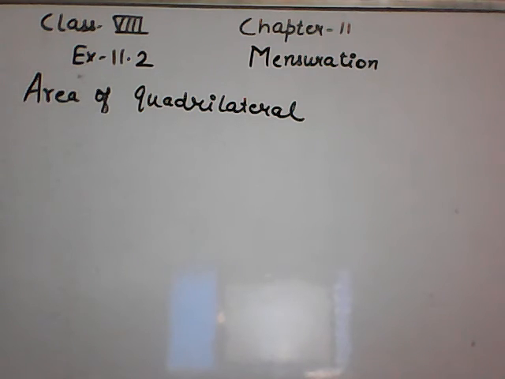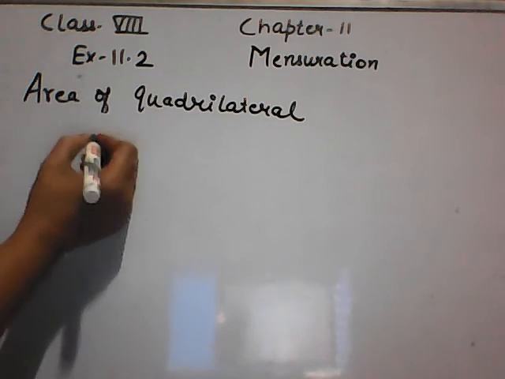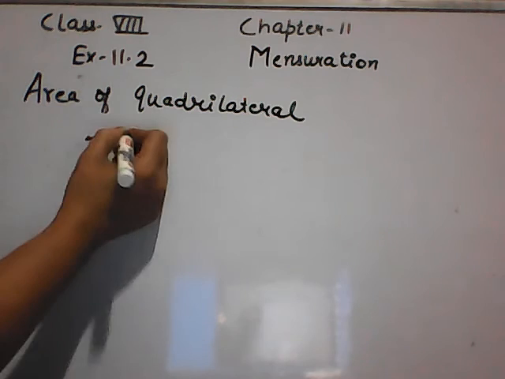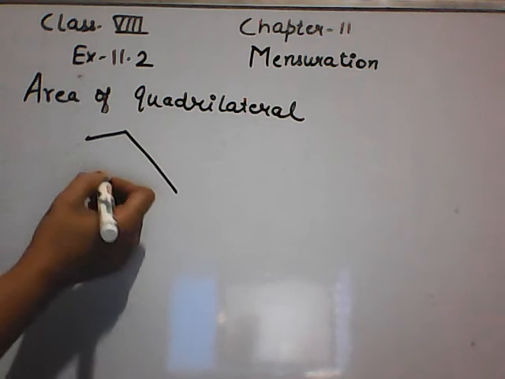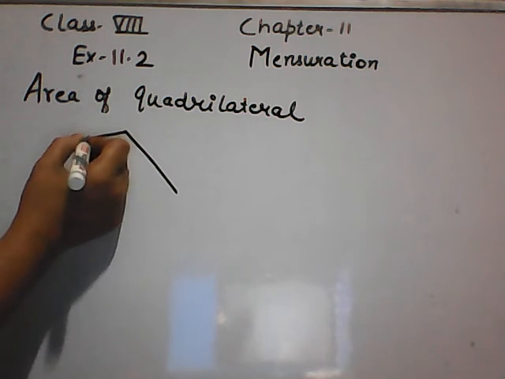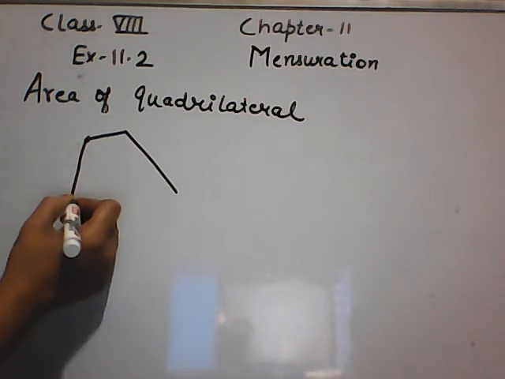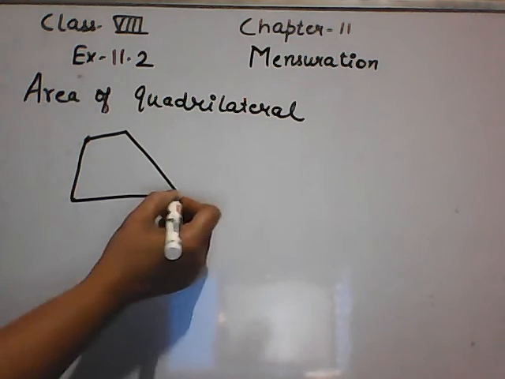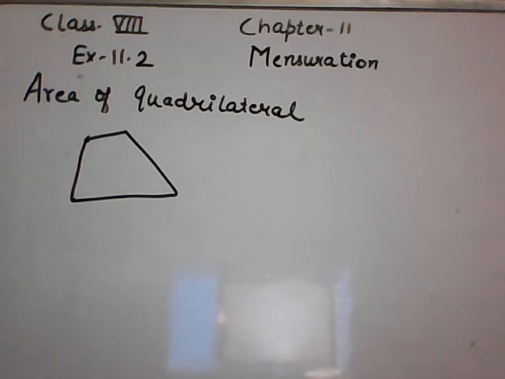Any four-sided figure is called a quadrilateral, and you have to calculate its area. This can be a parallelogram, this can be a trapezium, but we don't know the type of this quadrilateral, and we have to find its area. Then how can we find it?